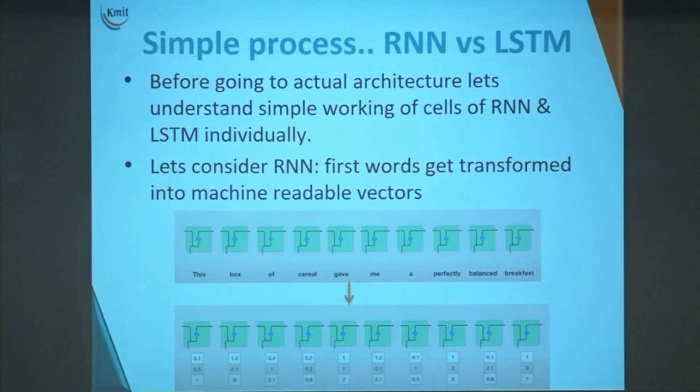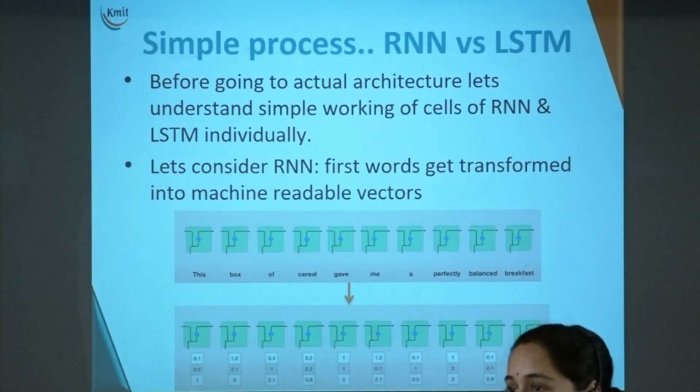What do you understand by that first? Whatever words or the text data that you are giving as an input to your particular model, you are trying to first convert that as vectors. Why? Very good. Because machine understands only mathematical values.